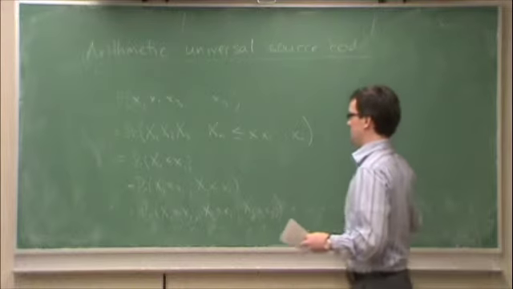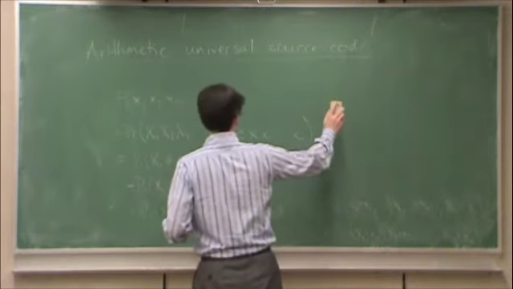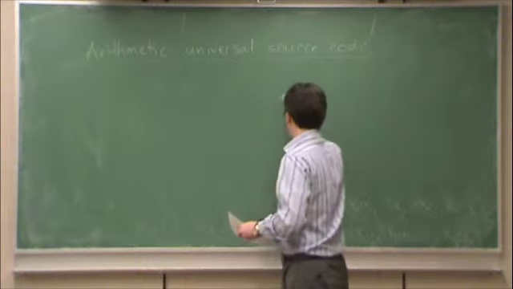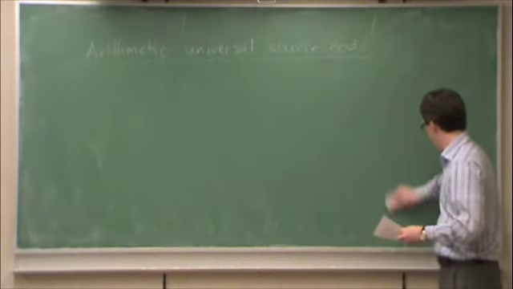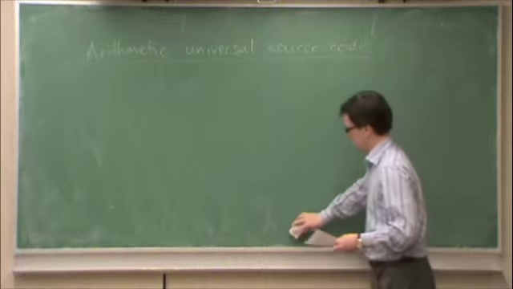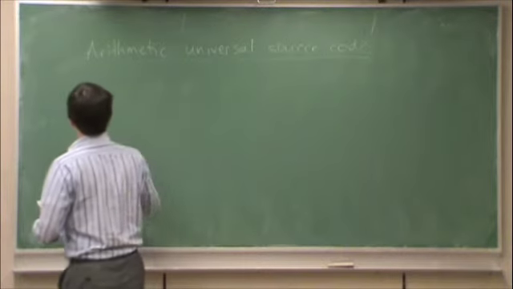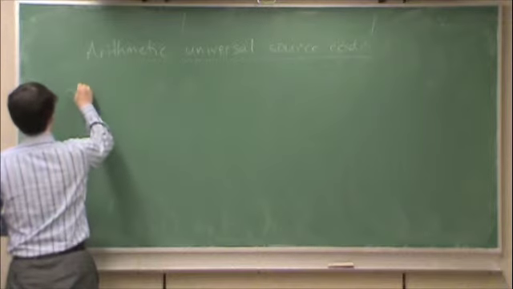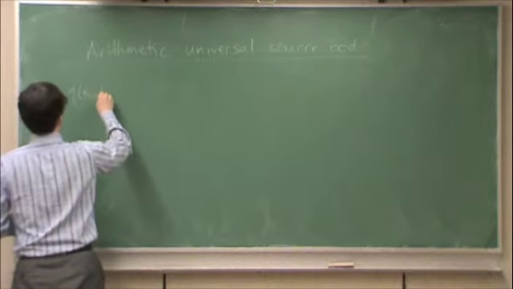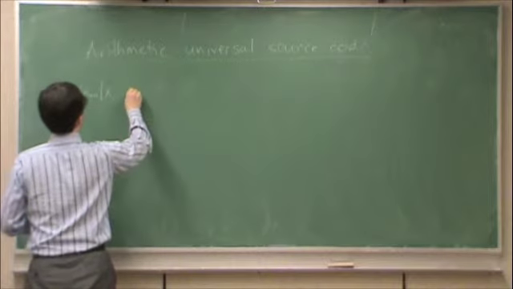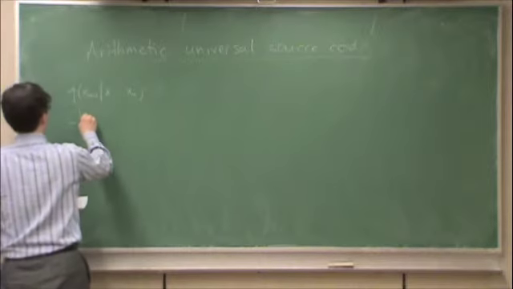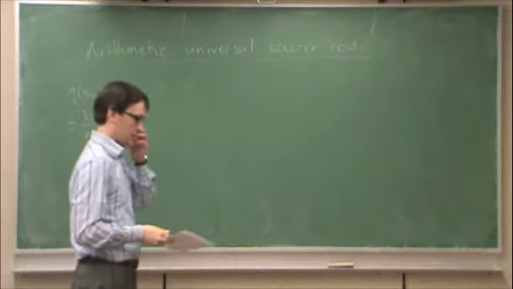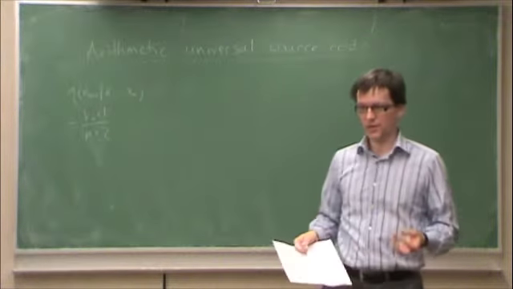So how do we adapt this to our universal probability? Once again, I will write q of x(n+1) given x1 to xn is equal to (k_n + 1) divided by (n + 2). That's the fundamental building block.